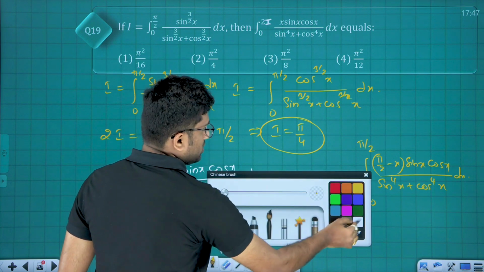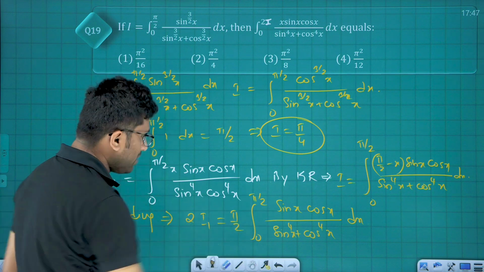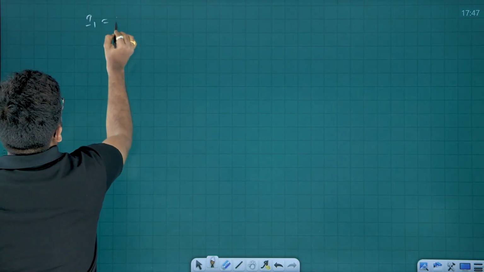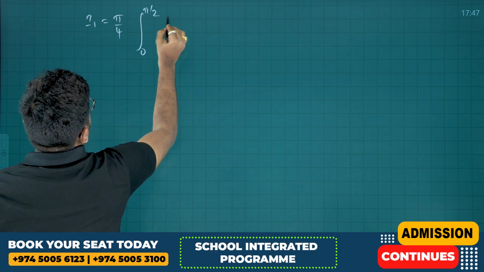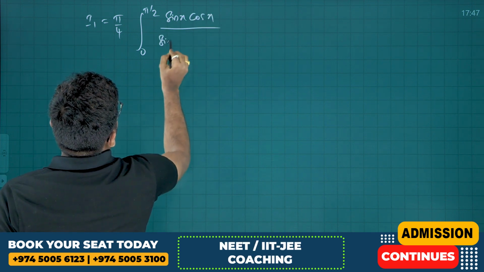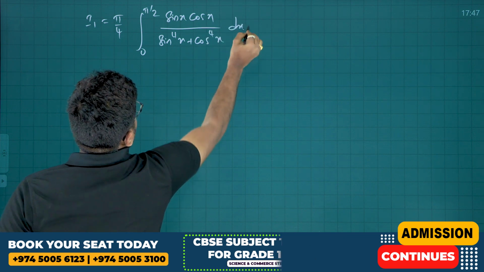So from here it is important. Now from here I1 is equals to pi by 2 by 2, which is pi by 4. I1 is equals to pi by 4 times integral 0 to pi by 2 sin x cos x divided by sin power 4 x plus cos power 4 x whole dx.